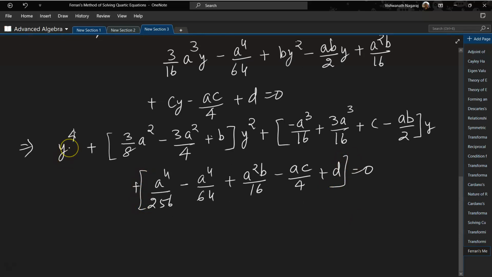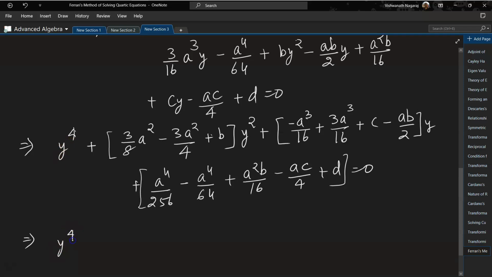Now this whole thing we can take together. So we have y to the power of 4, y square, y and the constant. Let's combine these two: 3a square minus 6a square, so we get minus 3a square by 8 plus b, times y square.